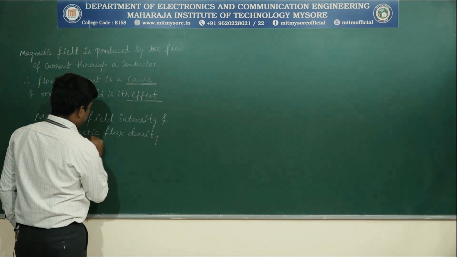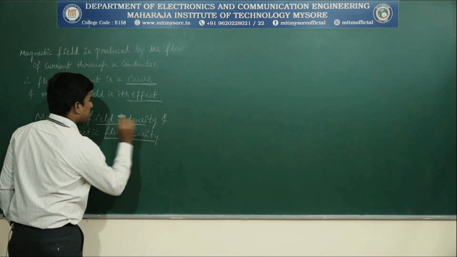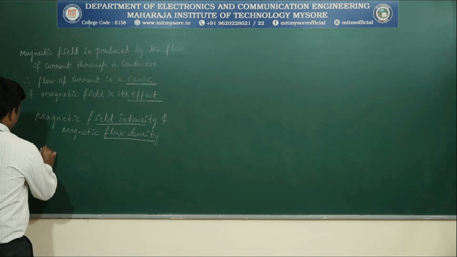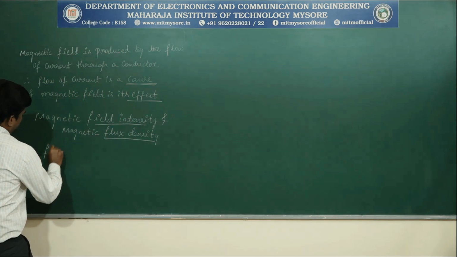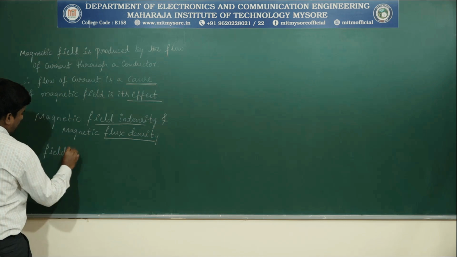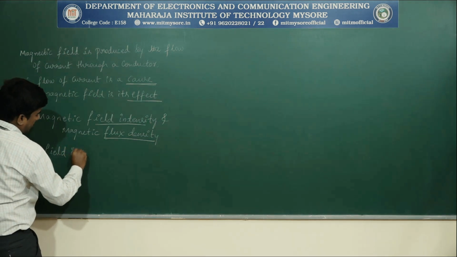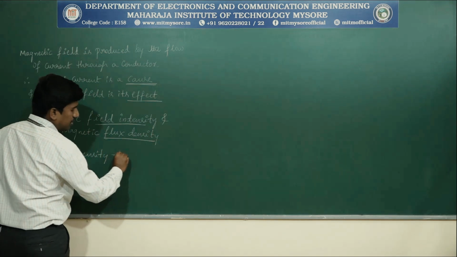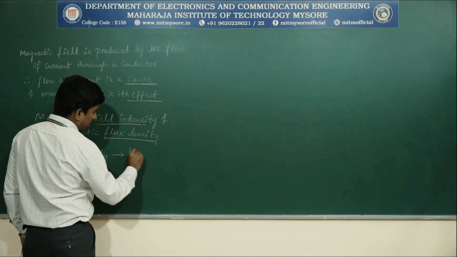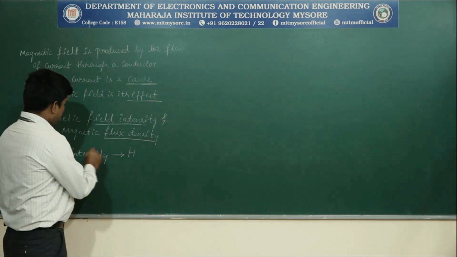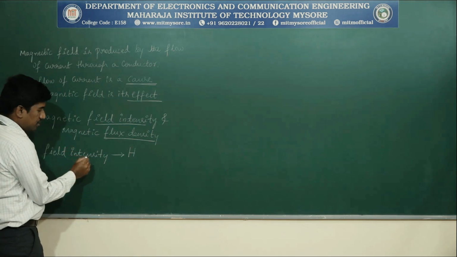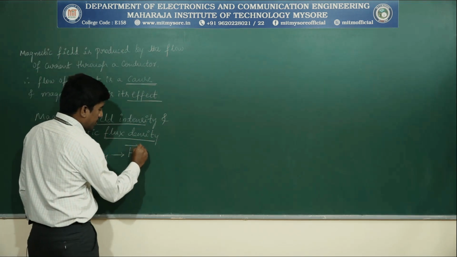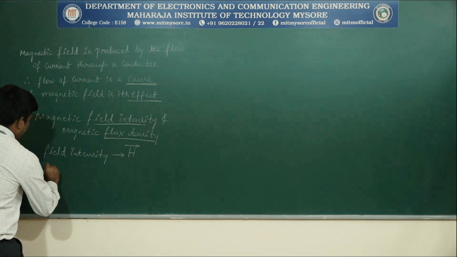Magnetic field intensity and flux density. Field intensity is represented by the symbol H. It is a vector. Magnetic field intensity is a vector represented by symbol H.